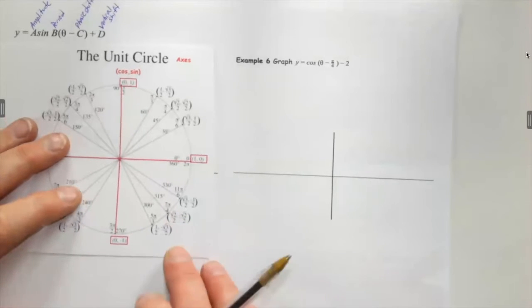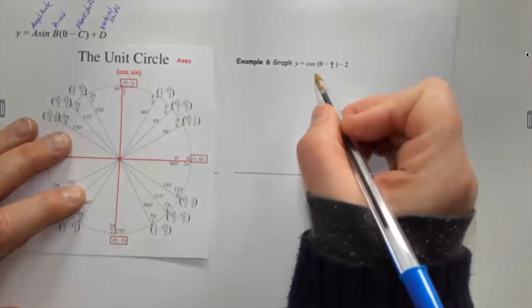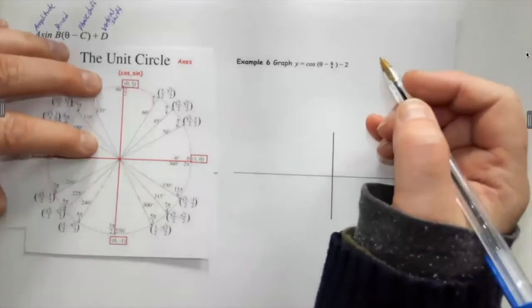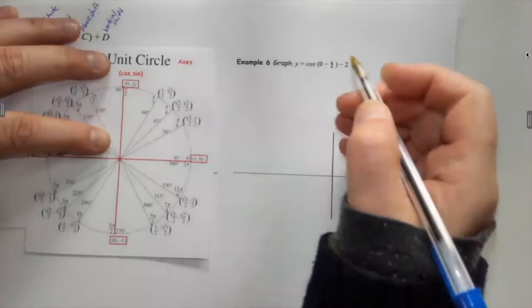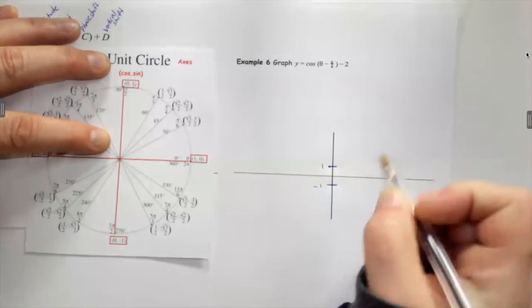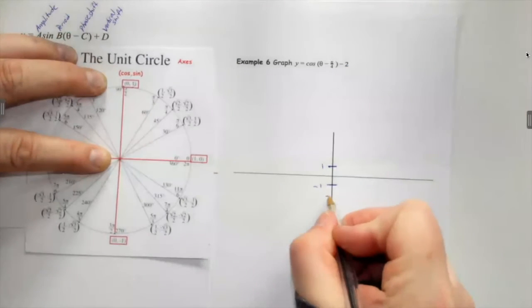The next function that we are going to graph is y equals cosine of theta minus pi over 4, minus 2. We see that our amplitude is 1. We have a vertical shift down to -2.